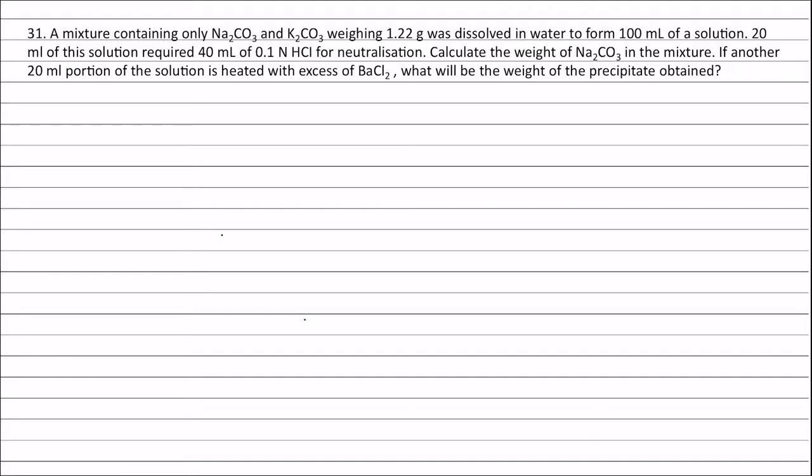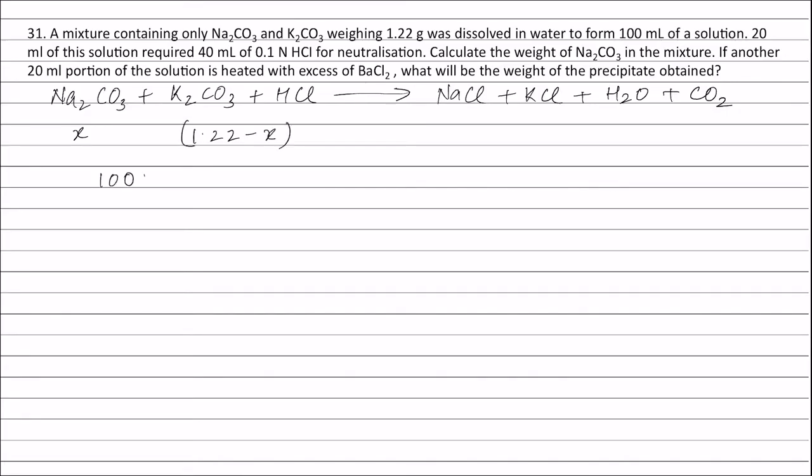The reaction can be written as Na2CO3 plus K2CO3 plus HCl, forming NaCl plus KCl plus H2O plus CO2. Let the weight of sodium carbonate be x gram and weight of potassium carbonate will be 1.22 minus x gram.